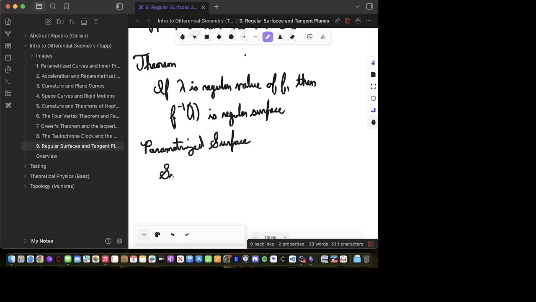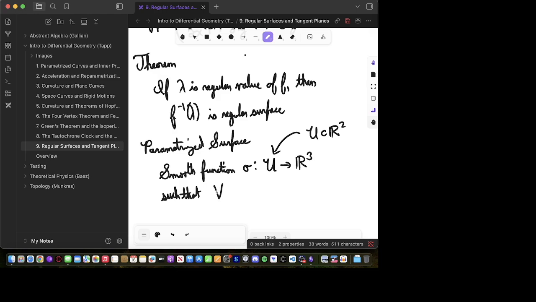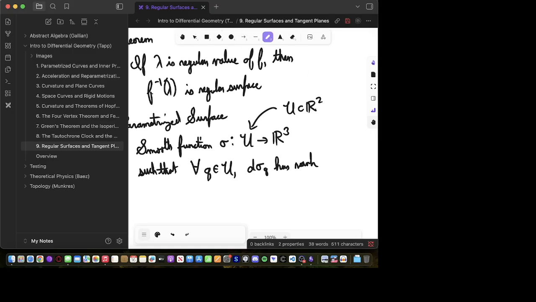That is essentially a smooth function, which we'll call sigma, from U to R3, where U is in R2, such that for all q in U, the derivative of sigma at q has rank 2.